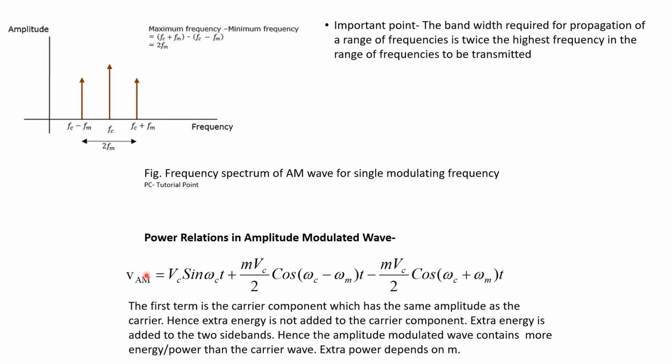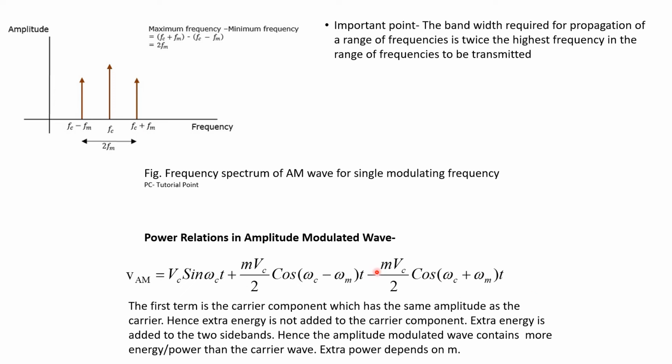This is the entire range of frequencies and the complete equation of the amplitude modulated wave. If we analyze this equation component-wise, the first term represents the carrier wave. The second term represents the lower sideband, and the third term represents the upper sideband.